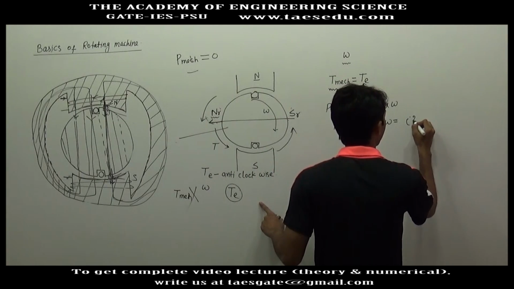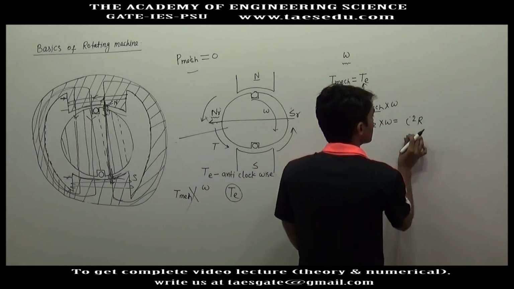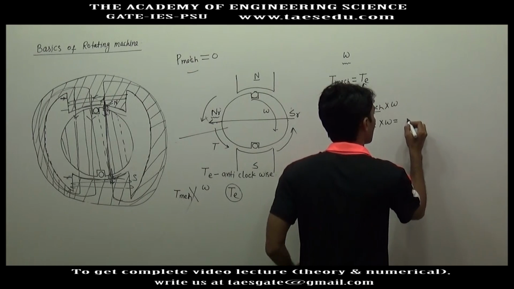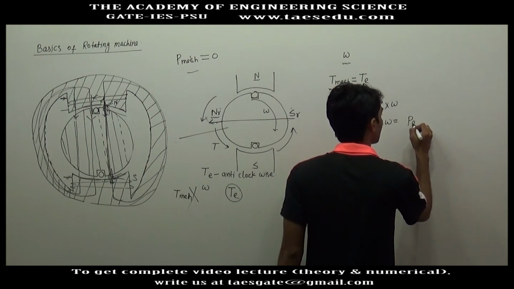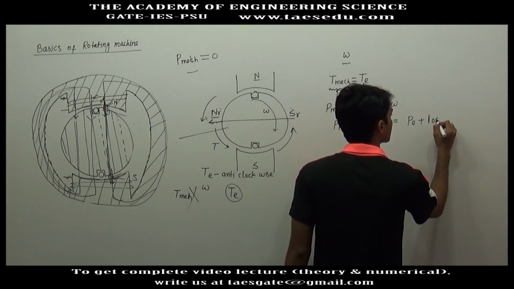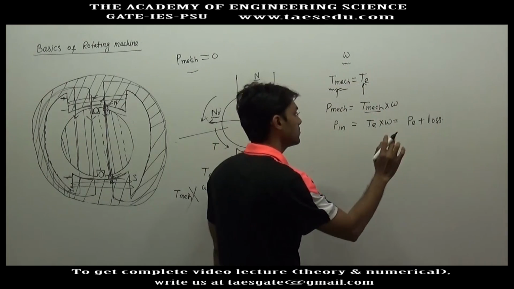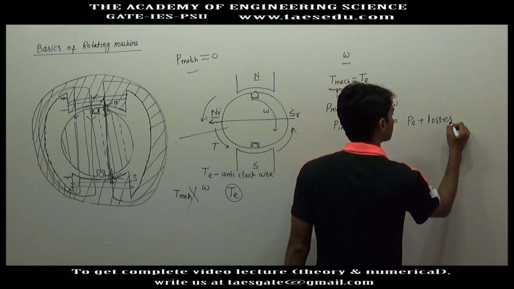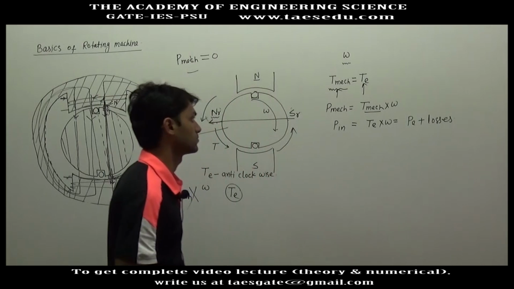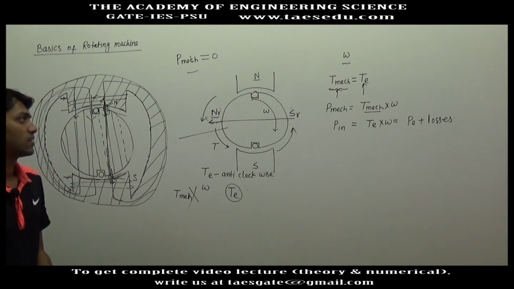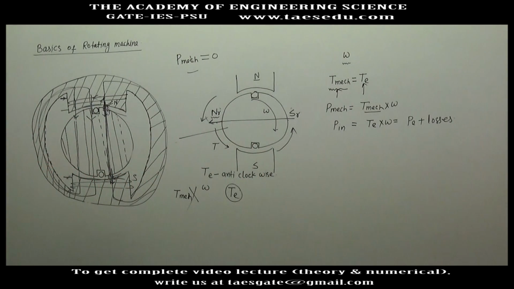Output power will be the electrical power. Instead of writing I square R, I will write it as electrical power plus there will be some friction and some losses.